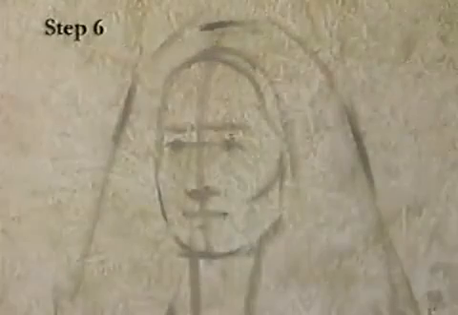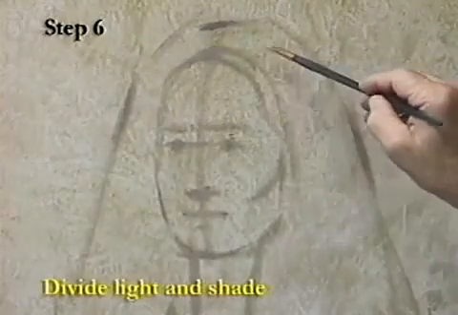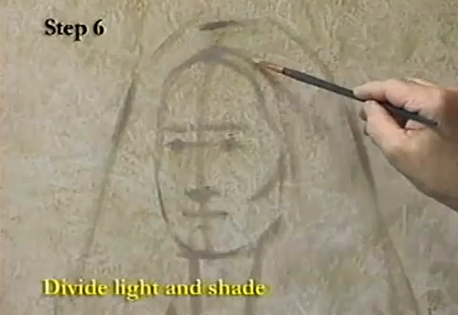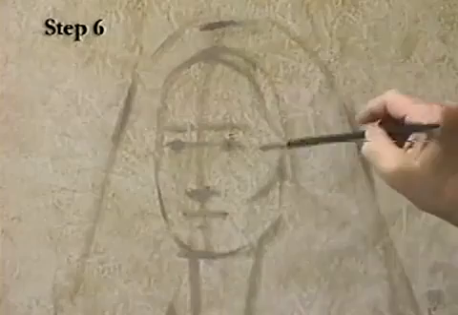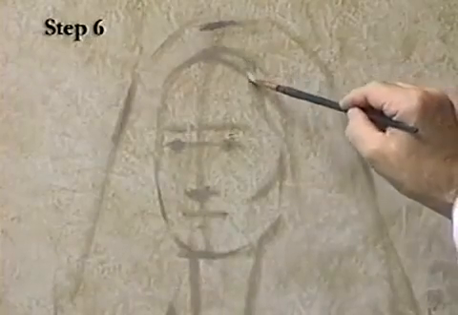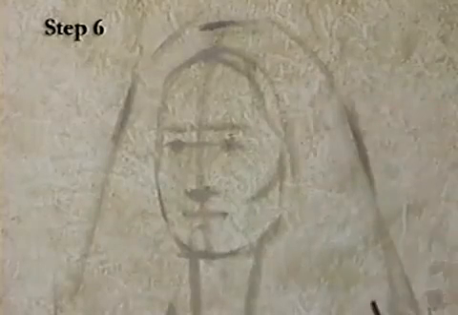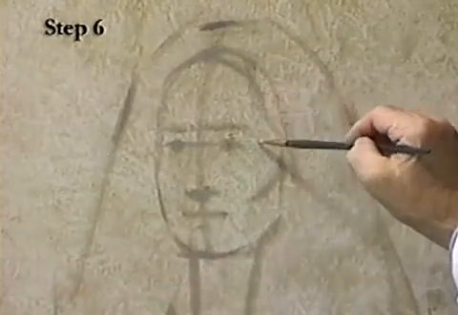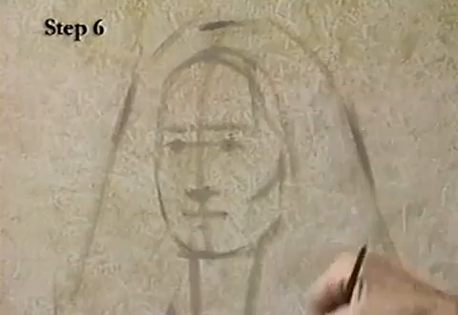In this step, I want to give myself an indication of where the light and shade separates. And beginning up here on the forehead, the separation between the light struck front of the face and the shaded side of the face is visible very subtly, coming vertically down the forehead.